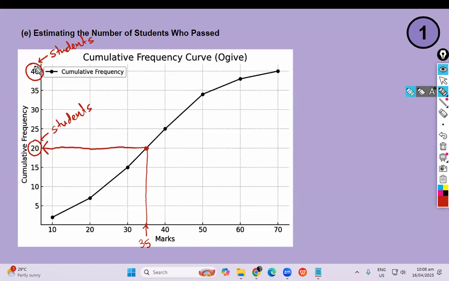Also, when you read a value off the cumulative frequency axis, the y-axis, does it give you less than info or more than info? I mentioned this in the homework. Turn back in your notes.